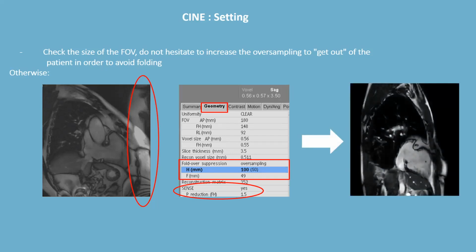You can go in the geometry tab in Philips to increase the oversampling value if necessary. In the apnea, for example, if the apnea time increases too much, it is important to slightly increase the SENSE or compressed SENSE factor by 2 or 3. You can use 3 or 2 to get more signal to noise ratio.